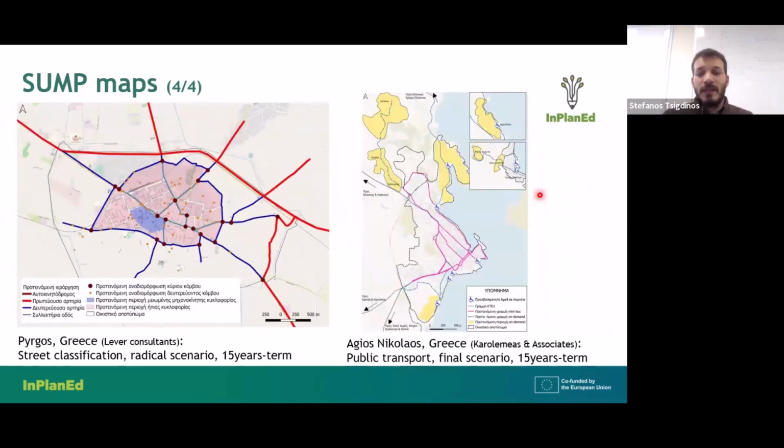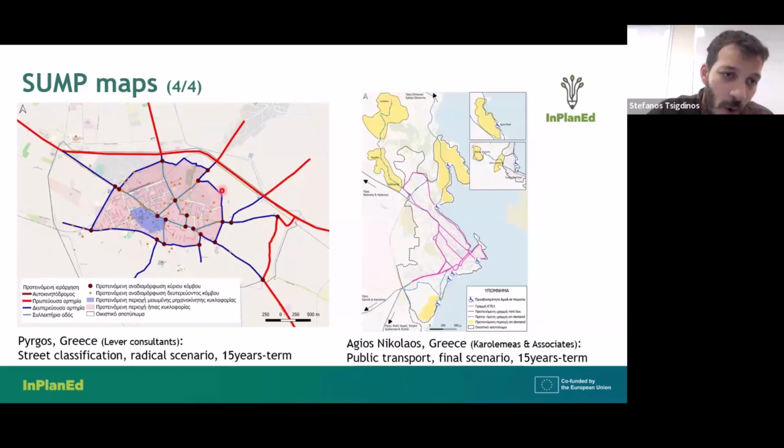Lastly, we can see the street classification again in a different kind of area. Pyrgos is also a small city, but the form is different. So street classification should understand the form of the city, or should shape the form of the city.